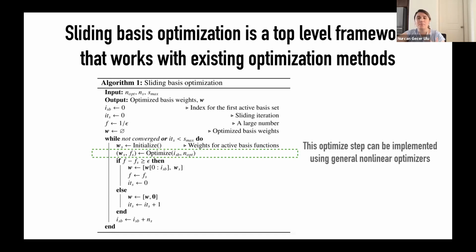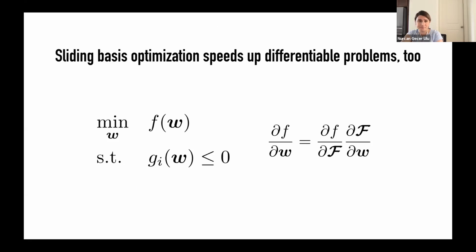And here, this optimize step can be implemented using general nonlinear optimizers. In our applications, we use SQP, sequential quadratic programming, but other gradient-based or sampling-based methods, like the interior point algorithm, simulated annealing, or genetic algorithms, could also be used for this optimize step.